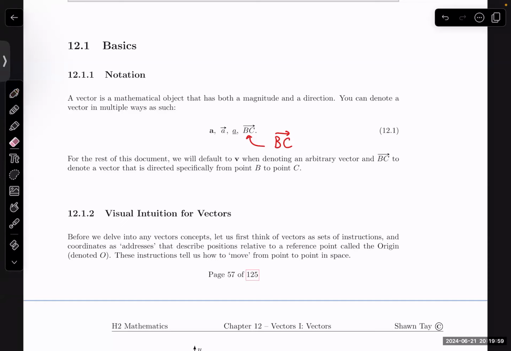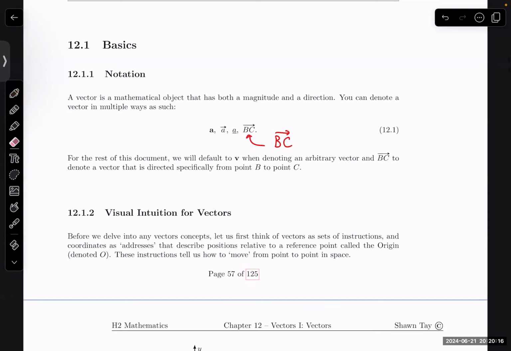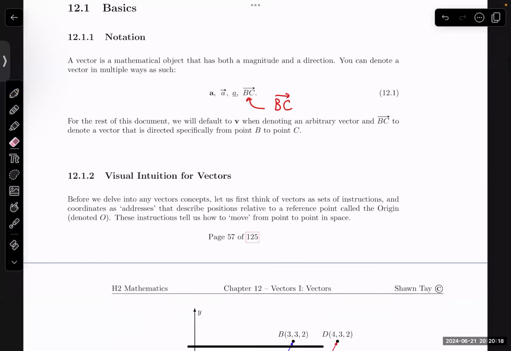B to C. So this is essentially our understanding of vectors. Vectors bring us from one point to another point in Euclidean space, like the XY plane, XYZ space, right?